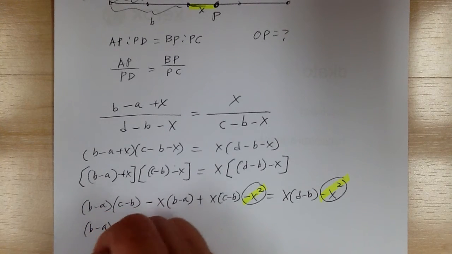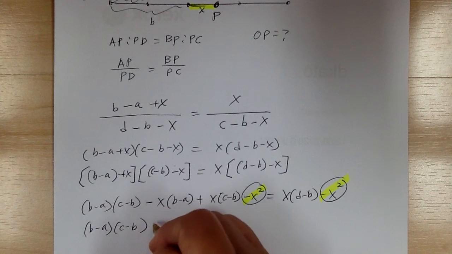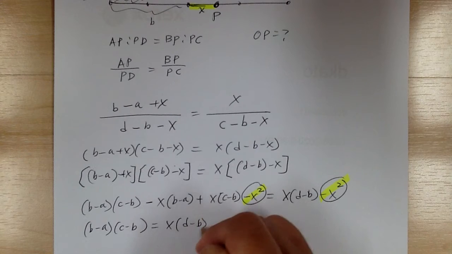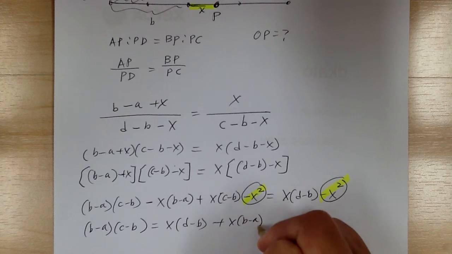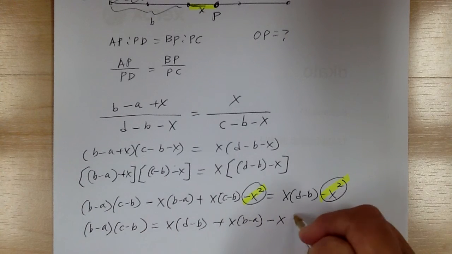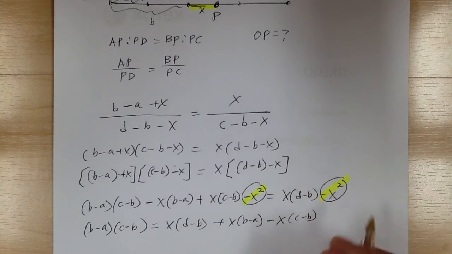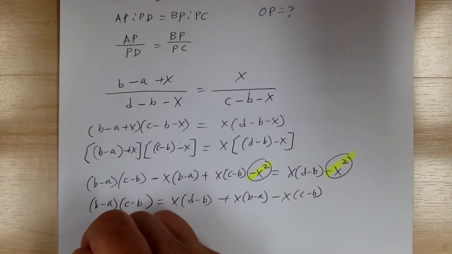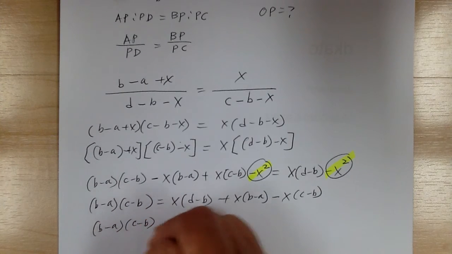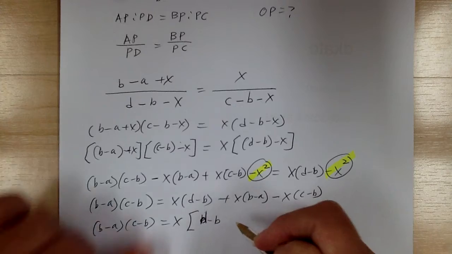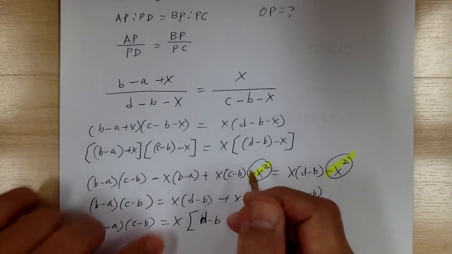So I get B minus A times C minus B equals X times D minus B. So move this over, it becomes plus X times B minus A, and this one will be minus X times C minus B. Next I'm going to factor the X. So I get D minus B from here. Let's just do this.